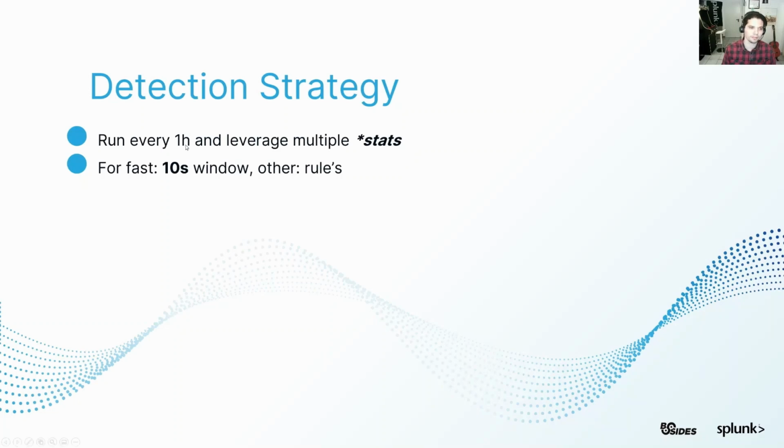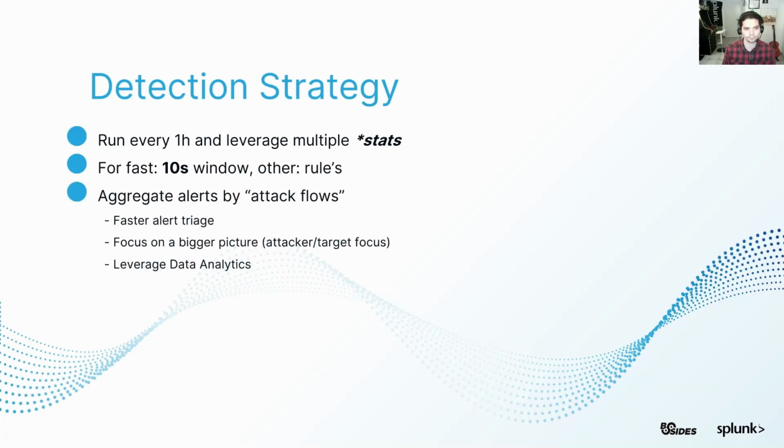Of course, that 10 seconds is just a suggestion. You can basically customize it for any time frame you want. And then we are going to aggregate alerts by attack flows, right? And I'm going to touch on the attack flows a little bit later.